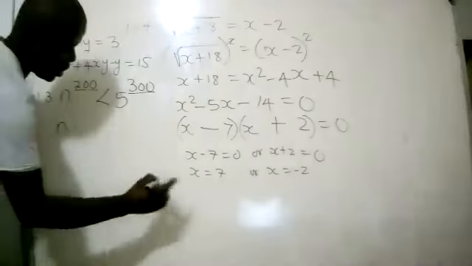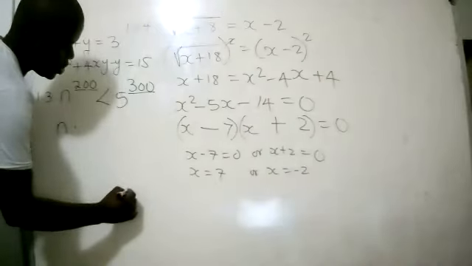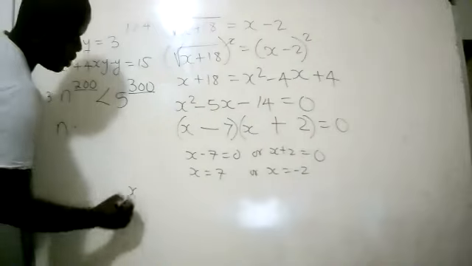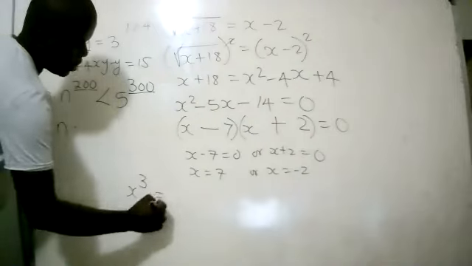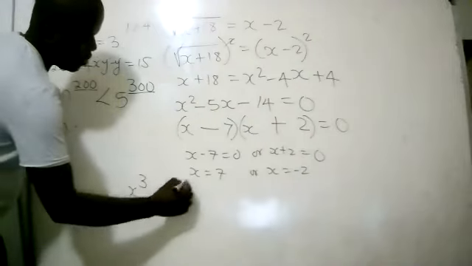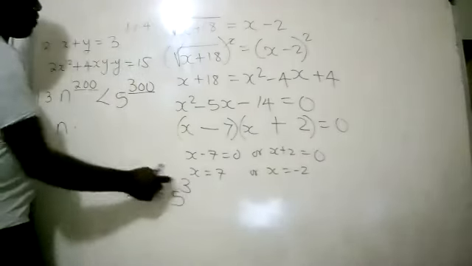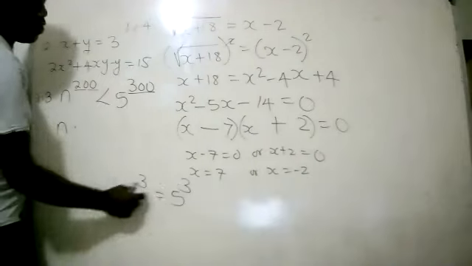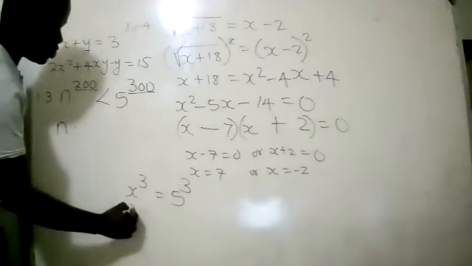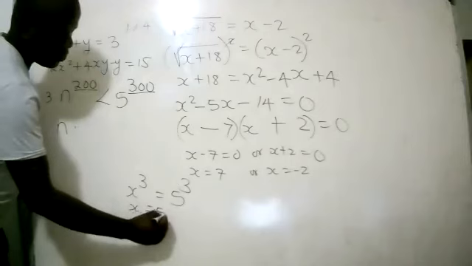Why am I saying that? I'm using this principle. If x has an exponent of 3 and on the other side we have 5 to the power of 3, because we have the same exponents, we can equate the bases. We're going to have x equal to 5.